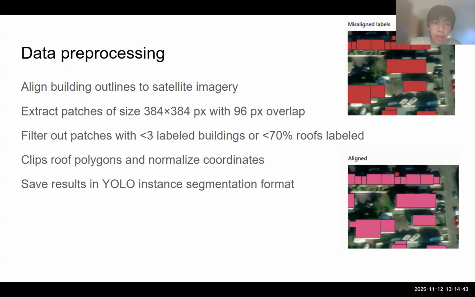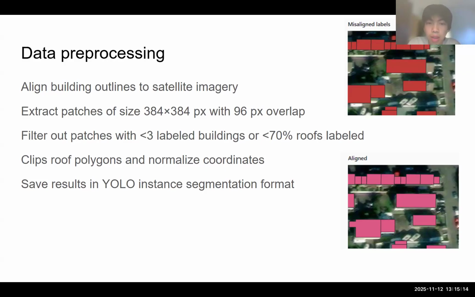The next thing we did was extracting patches of sizes of 384 by 384 pixels with a 96 pixel overlap. The task for our model was instance segmentation, which is different from classification in that the models are outputting a bounding box for the roof label as opposed to a categorical outcome.